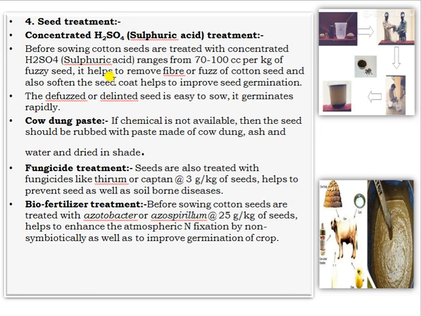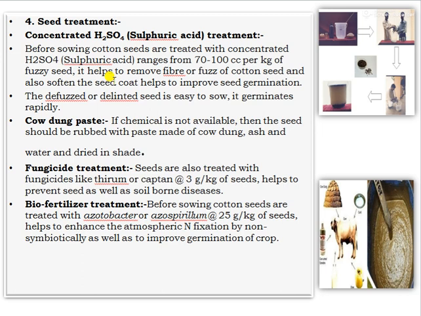As the seeds are to be sown in appropriate quantity and at the accurate place, it requires removing the fuzz with the help of concentrated H2SO4 at 70 to 100 cc per kg of seed. It will remove the fiber or fuzz of the cotton seed and also soften the seed coat. It will help improve germination, and delinted seeds are easy to sow and will germinate rapidly.